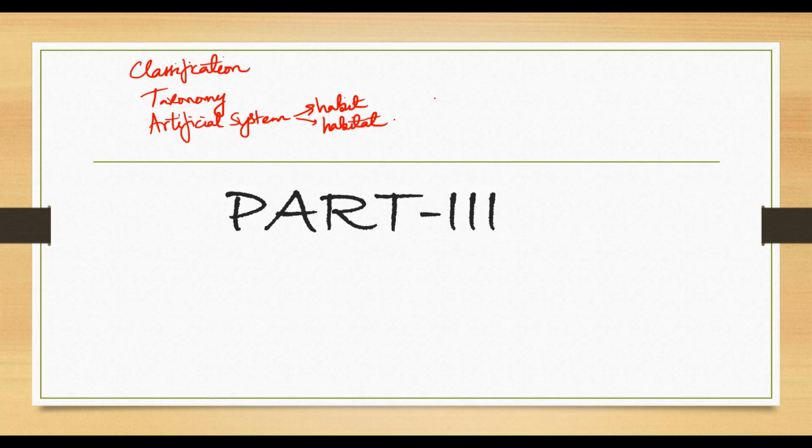And in detail, we discussed classification of plants based on the artificial system of classification. Based on size and form of the plant, they are classified as herbs, shrubs, and trees.